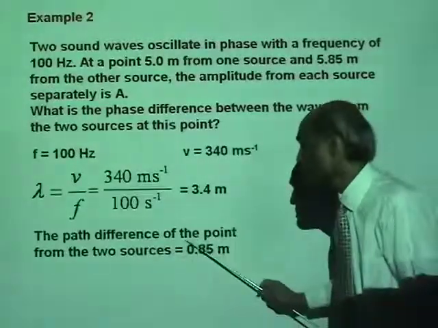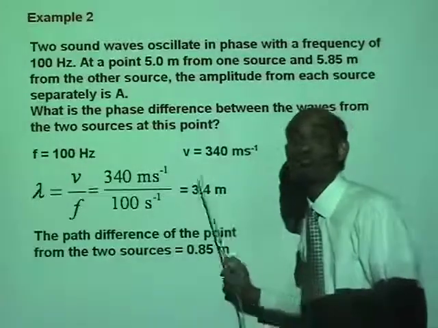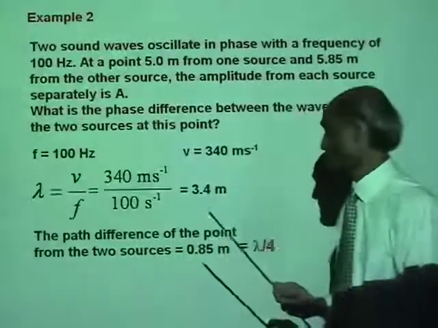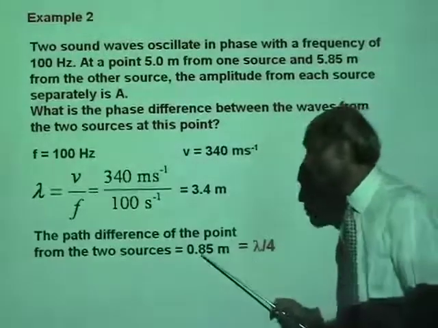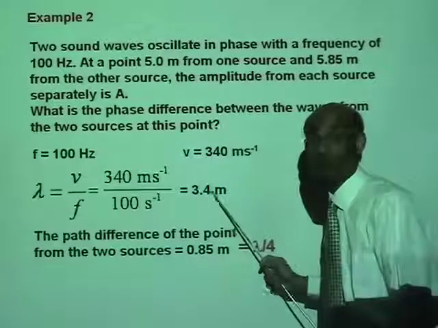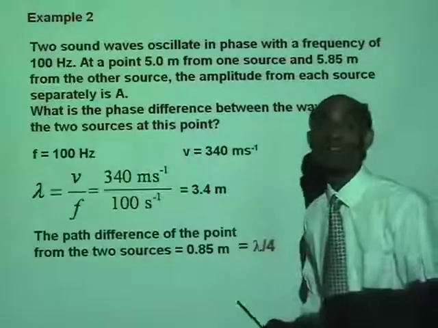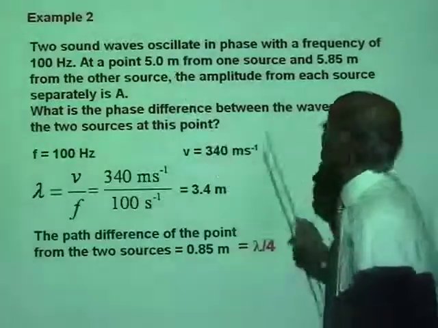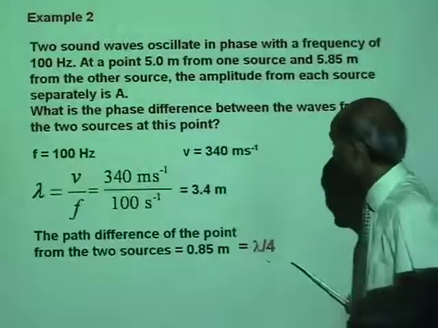Can you tell me, this 0.85 meter is what part of this wavelength? Well, that is a quarter of a wavelength, because 0.85 is a quarter of 3.4. So the path difference is lambda by 4.